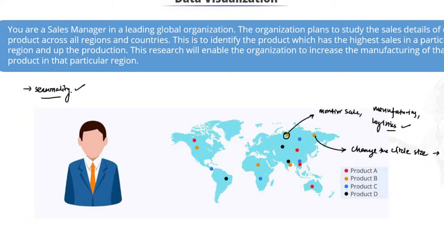I have explained this earlier as well, that if your plot has some seasonality, after every certain interval your sales pattern gets repeated. It also identifies the relationship between the data points and the other variables. It explores new patterns and reveals the hidden patterns in the data that can also be explained through data visualization.